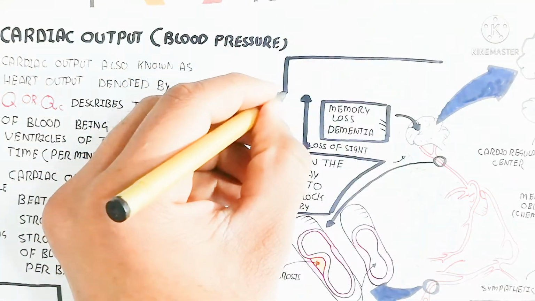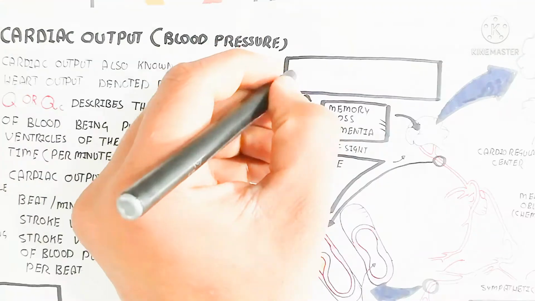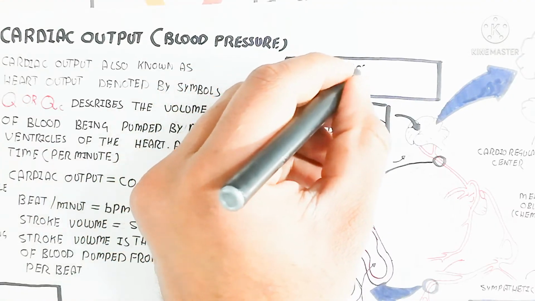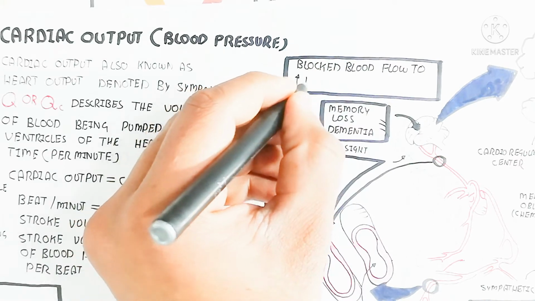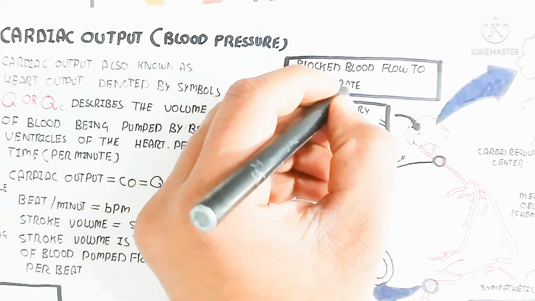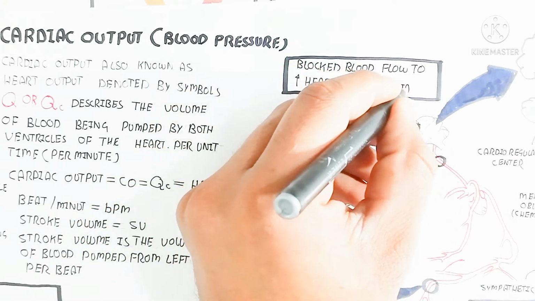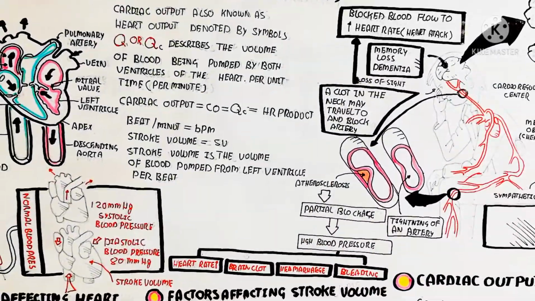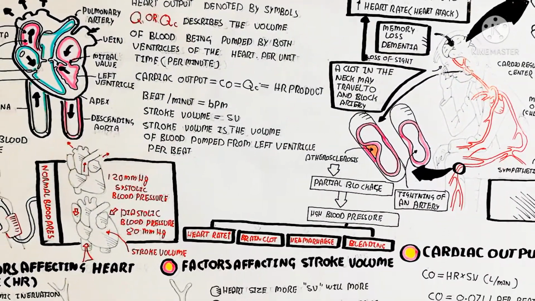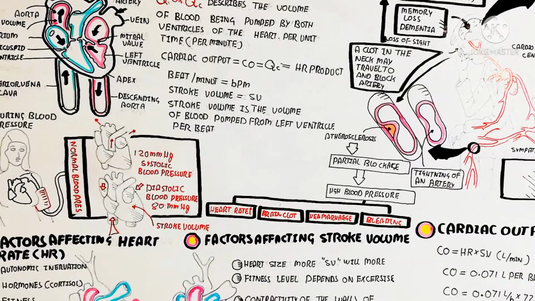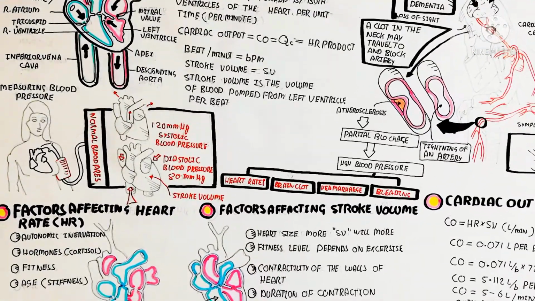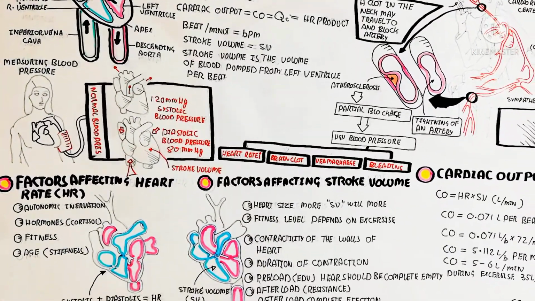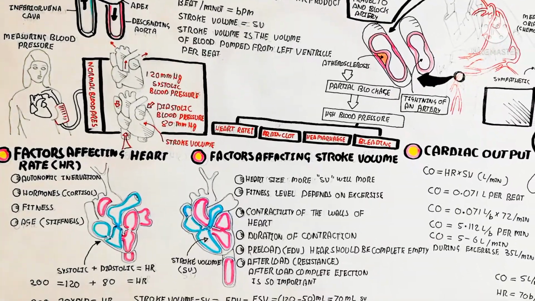The carotid artery can lead to increased blood pressure, which leads to brain hemorrhage. Blocked blood flow increases the heart rate, and a heart attack can occur, along with memory loss, dementia, and loss of sight due to the thin arterioles present in the brain and eyes.